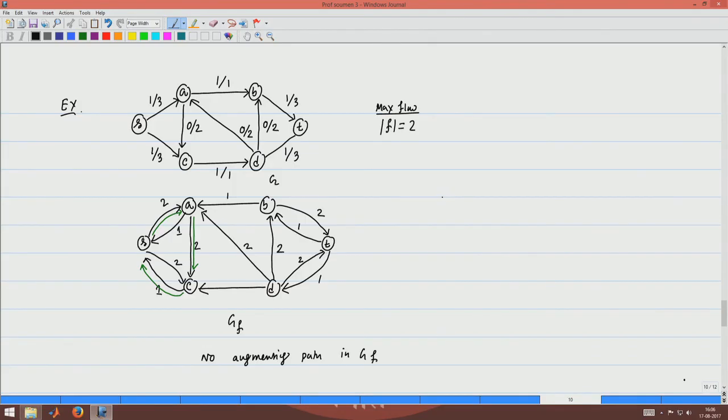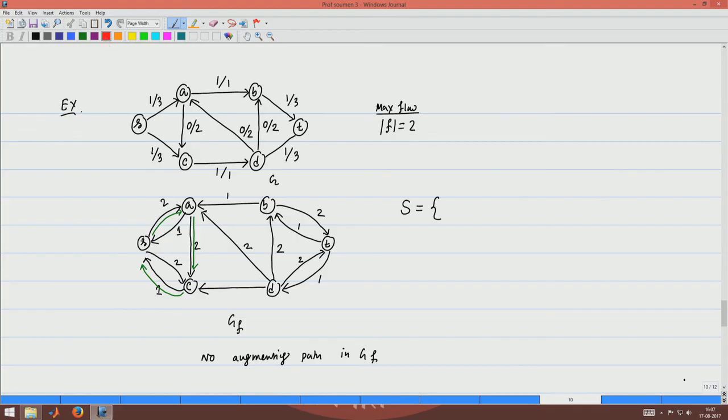Yes. So, by the proof of the max-flow min-cut theorem, the way we find the minimum cut is that you define a set S. S is the set of all vertices which are accessible from the source node.